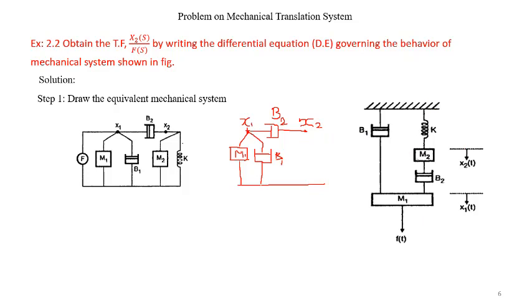The first one is the mass element M2. This is mass element 2. And the next element between reference and displacement 2 is the spring element K.